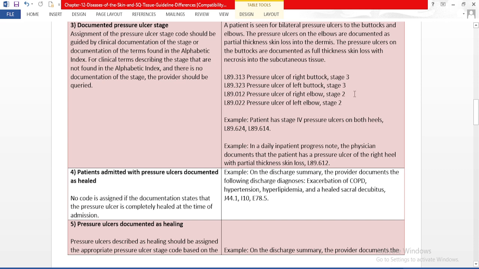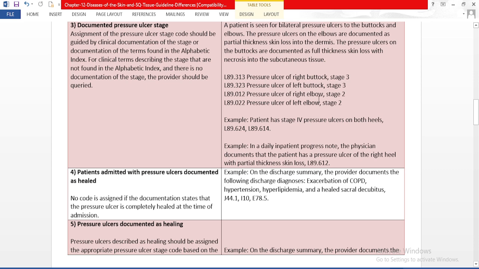Based on this description, on the buttock the physician is speaking about full thickness skin loss with necrosis into the subcutaneous tissue, which leads to stage 3. If you take the elbows, partial thickness skin loss in the dermis, so it will lead to stage 2.